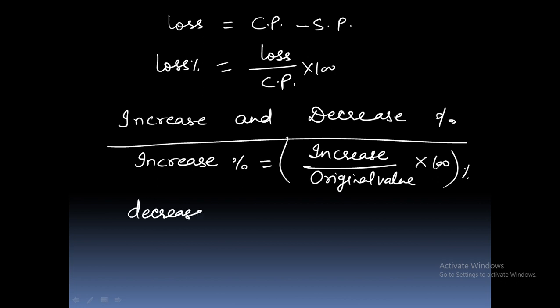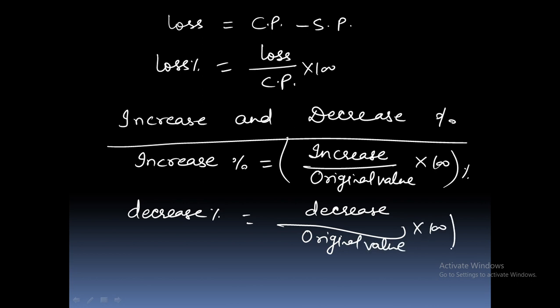Decrease percentage will also be calculated by this formula: decrease value divided by original value and multiplied by 100 gives the decrease percentage.